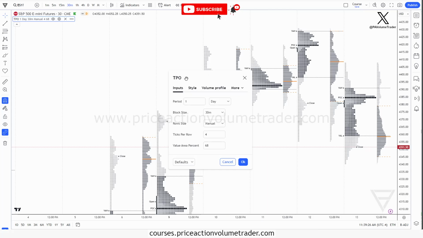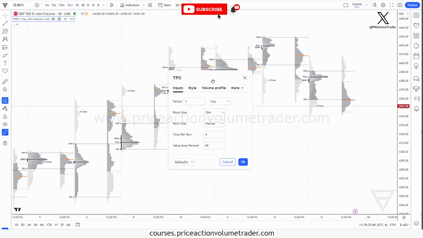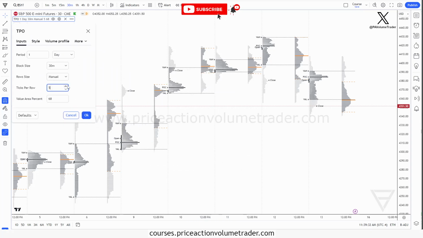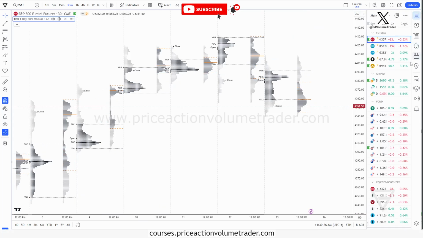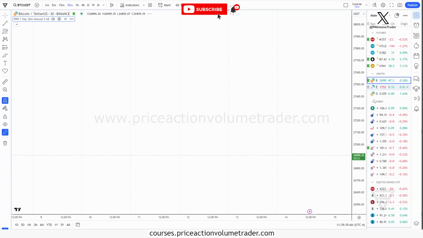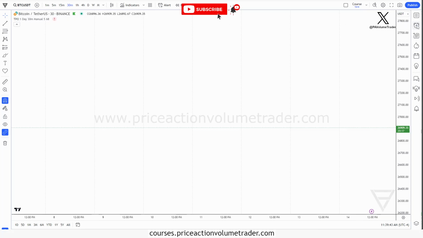Okay, so I found just playing around with this, like I said, for the S&P 500, 5 is a good one. If I go into a market like crypto, this is a Bitcoin chart, you can see that I'm getting a warning out here, and if I click on it, it's going to say that the histogram is too large and I need to increase the ticks per row input.